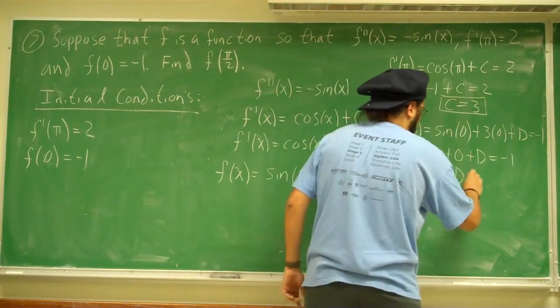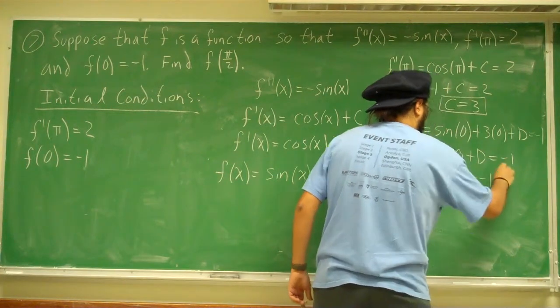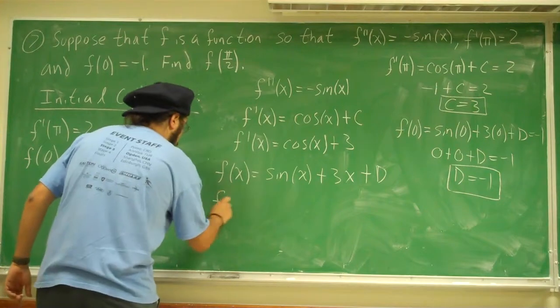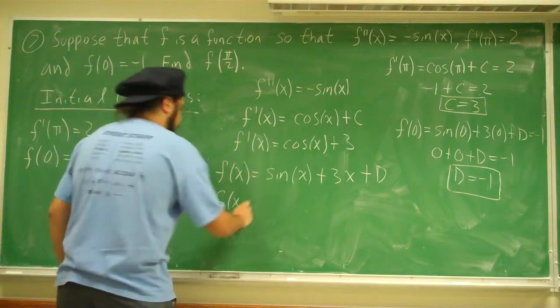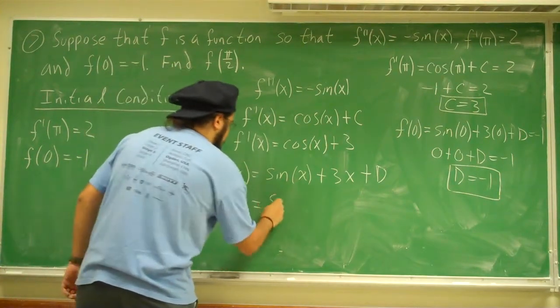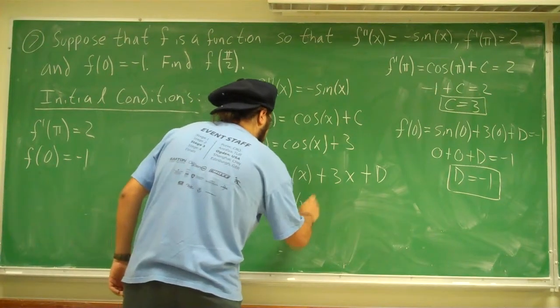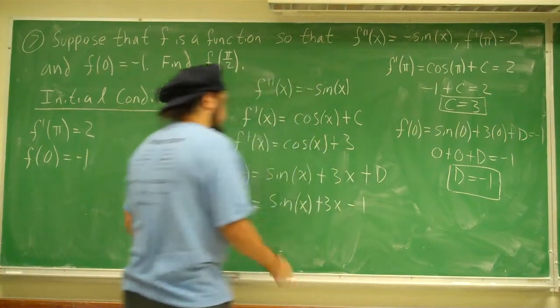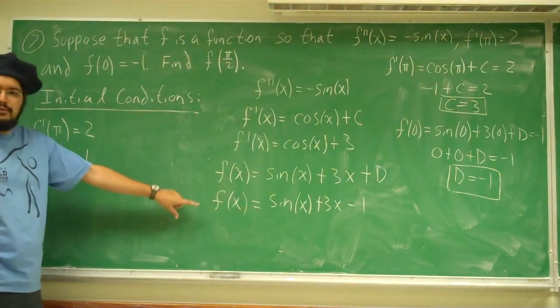So therefore d is equal to negative 1. Now with d equal to negative 1, we go back into f of x. Now we have sine of x plus 3x minus 1. Alright, so now we have the function f of x.